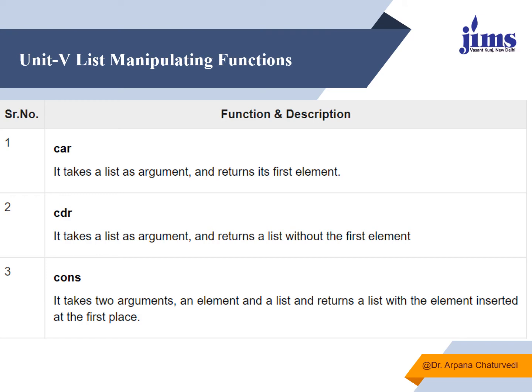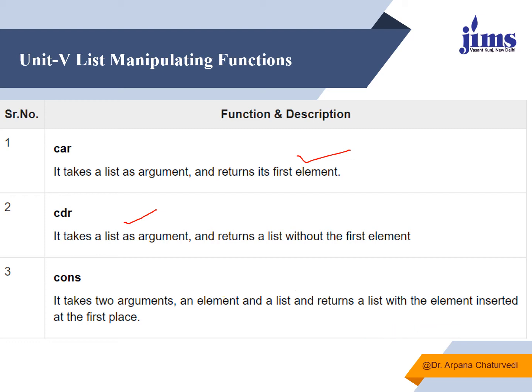So as we talked about various list manipulation functions, now we can easily understand that car is used to fetch the first element from the list. CDR gives all the elements except the first. Cons takes two arguments, an element and a list, and returns the complete list with the element inserted at the first place.